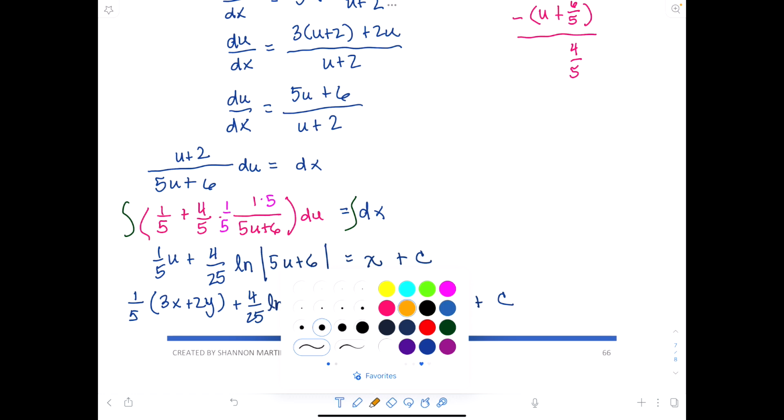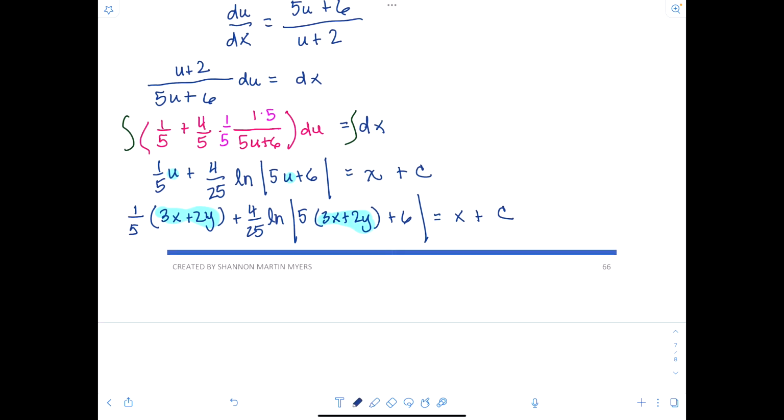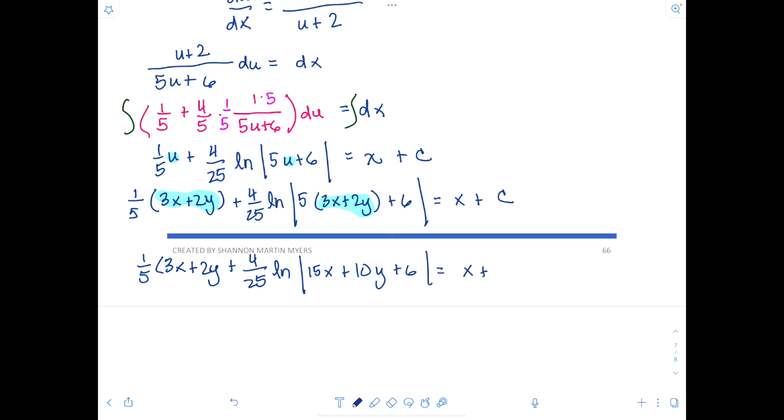And so I just back substituted what our u was into these results. So then, cleaning it up a bit, we would have 1/5 times 3x plus 2y plus 4/25 times natural log absolute 15x plus 10y plus 6 equals x plus c.